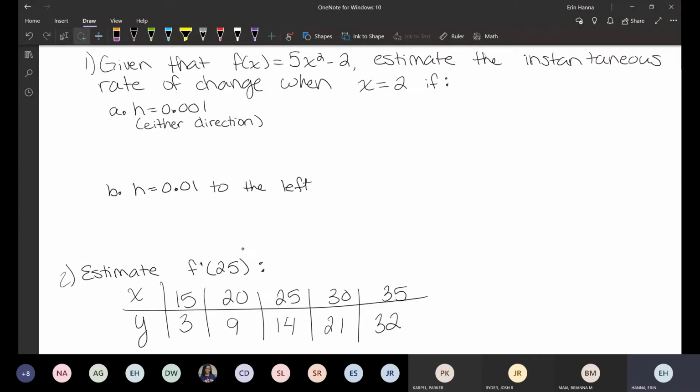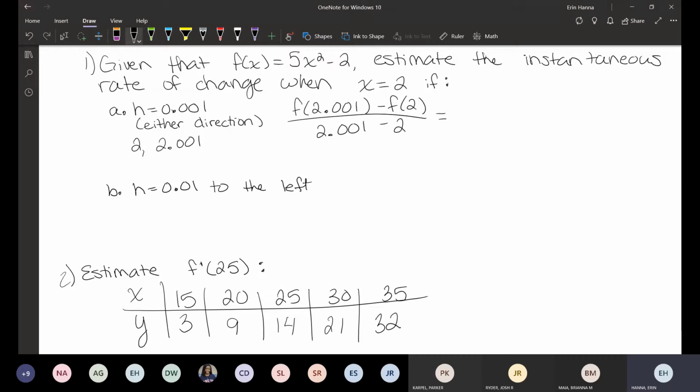Remember, this h notation is telling us how close to take the other point. So we're going to use 2 and 2.001. We plug both of those into the function, because we find the estimate for the instantaneous rate of change using an average rate of change.